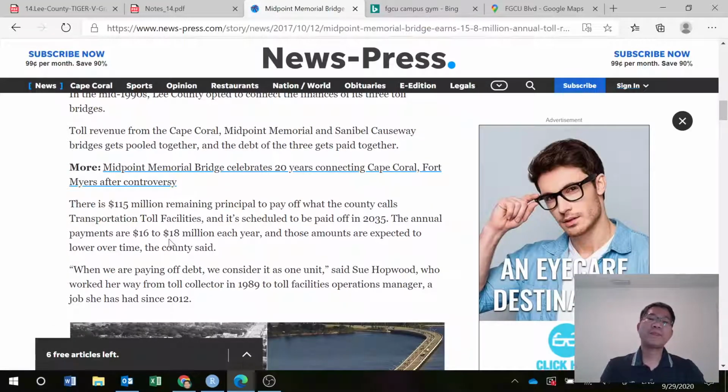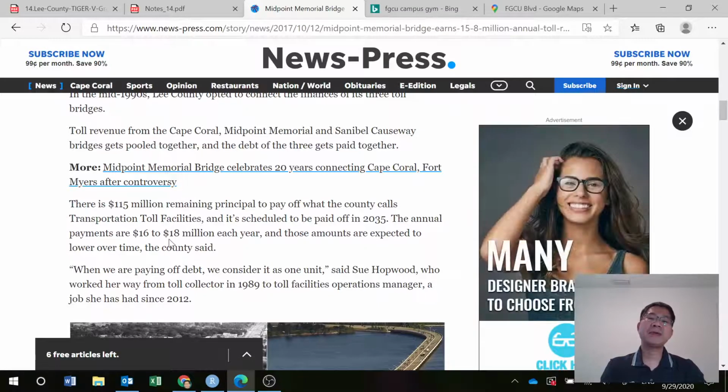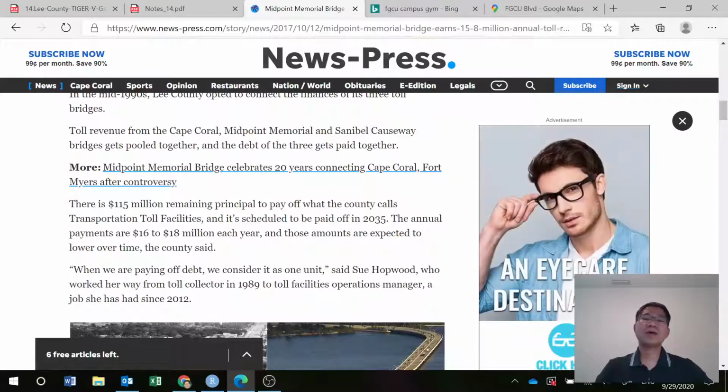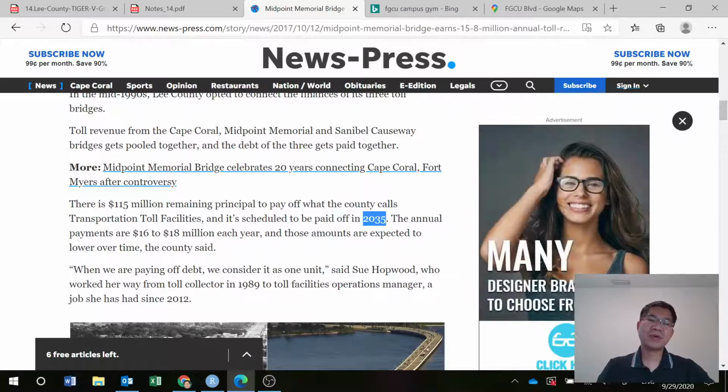And with the pandemic this year, maybe the traffic is lower and the money collected from the toll will be less. So the time to return it may extend by 1 year or so. But overall, that is the payback period in this case, as you can see there.